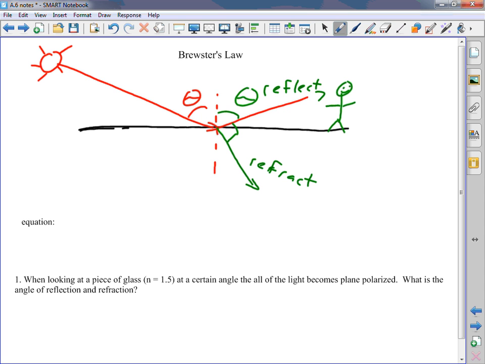And angle theta here is governed by this equation. By the way, it's wrong in your book. Who could have figured? n2 over n1 equals tan theta. The book says n1 over n2. Okay, n2 over n1 is tan theta.